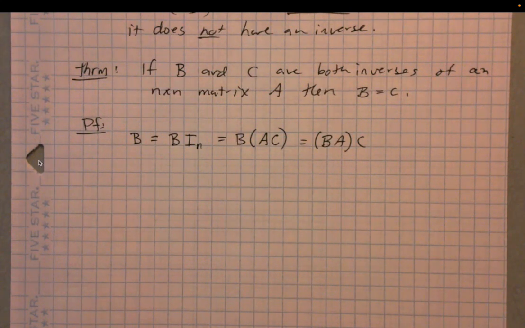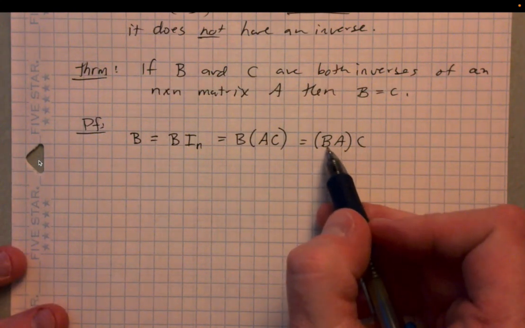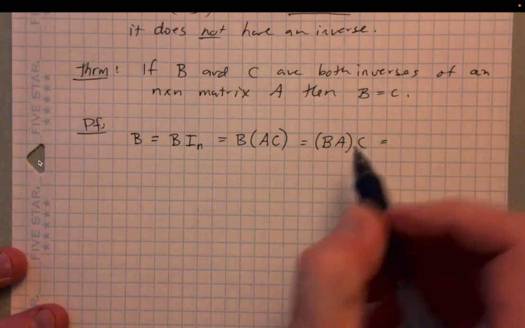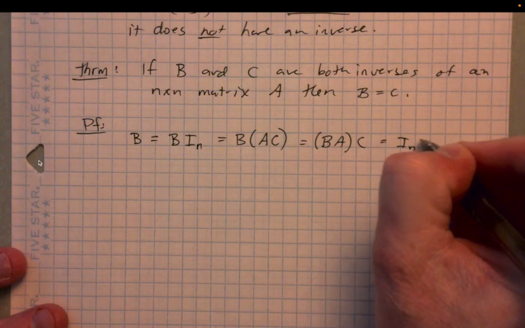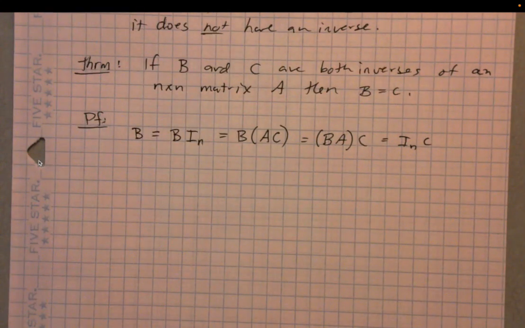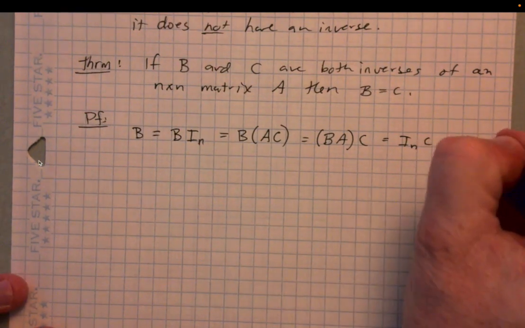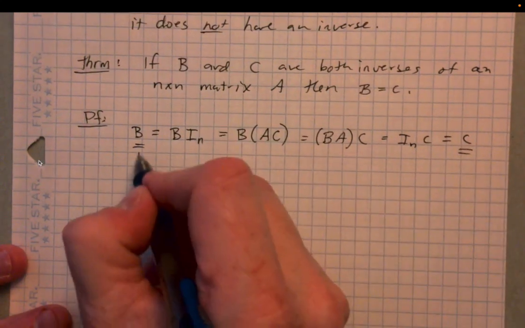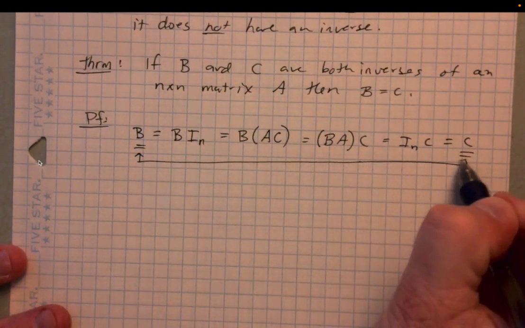I can multiply B and A first and then multiply by C. Note, I'm not changing the order, I'm just reassociating. Now B is also an inverse of A, so that means this is equal to the identity matrix times C. And of course, the identity matrix times C is just equal to C.